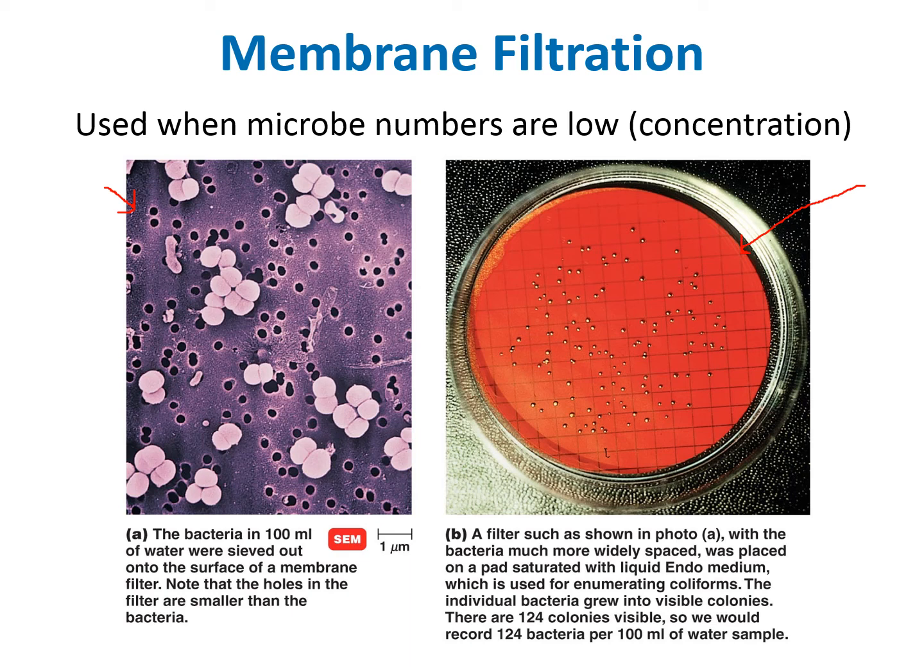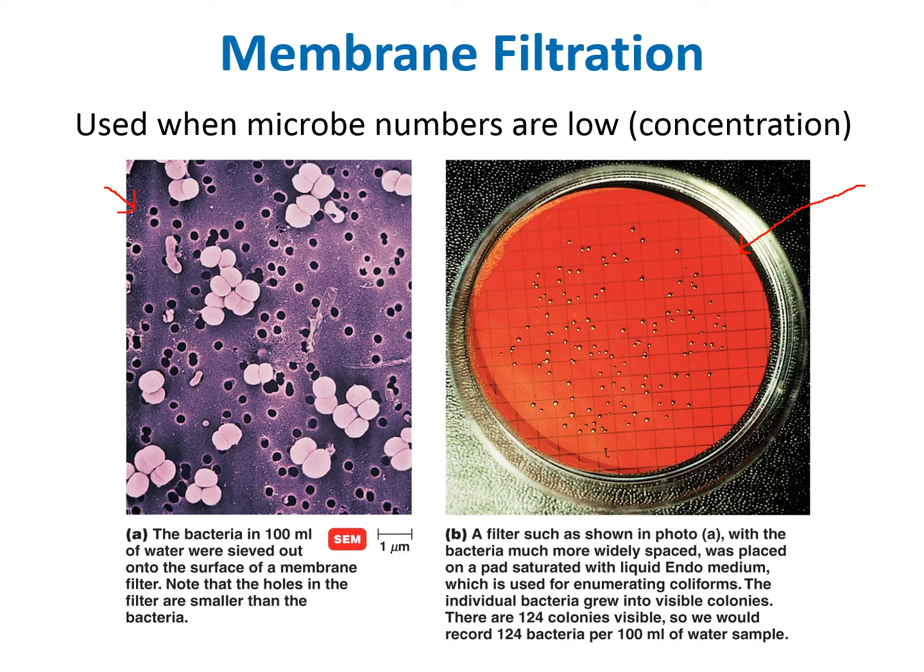You could look to see how many coliform, these are E. coli style bacteria, bacteria from the colon, that you find. In this particular example, I believe they're using liquid endo medium. It causes E. coli bacteria and other coliforms to turn colors and take on a metallic sheen so that they're easy to distinguish from non-coliform bacteria.